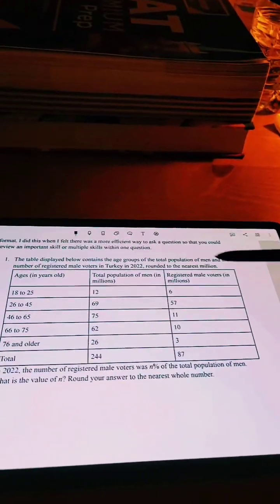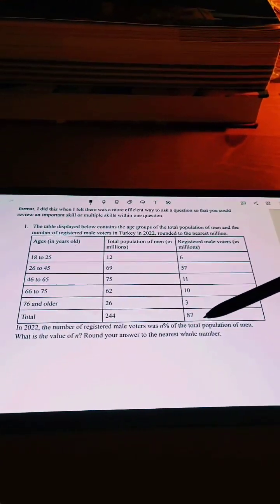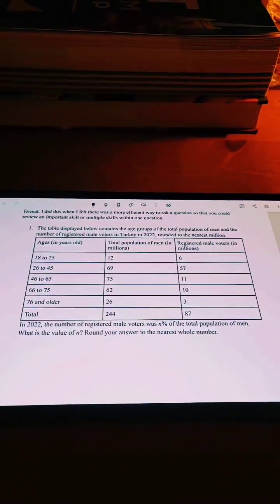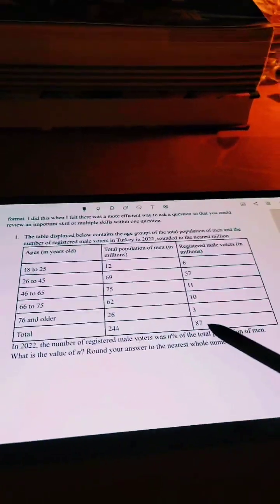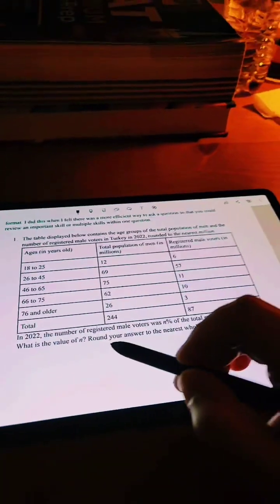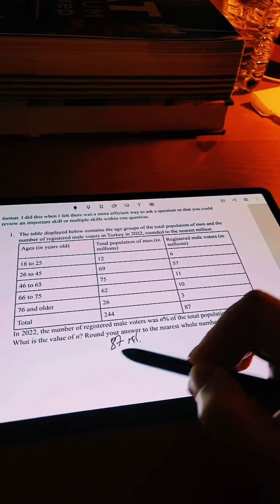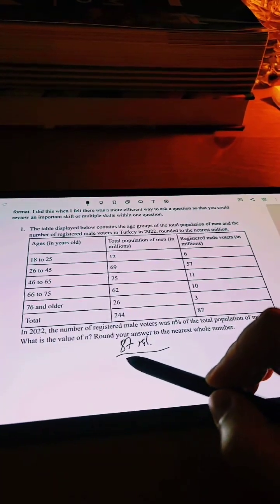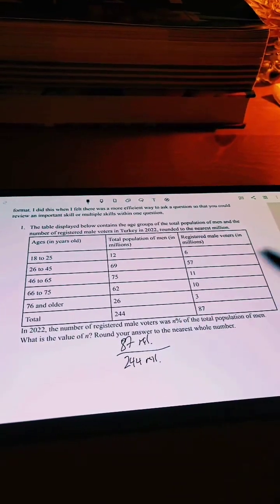Okay, so registered male voters in total is going to be 87, because they didn't say it was for a specific age group or anything like that. So we're talking about 87 million, over the total population of men that we're picking from, which would be 244 million.